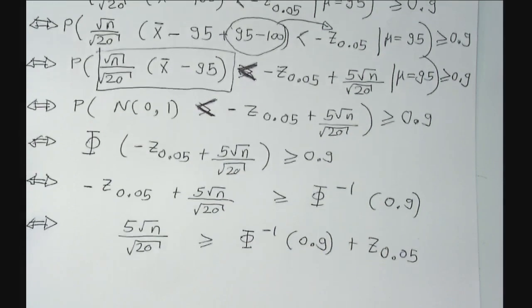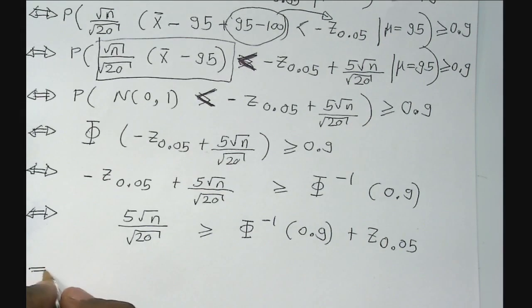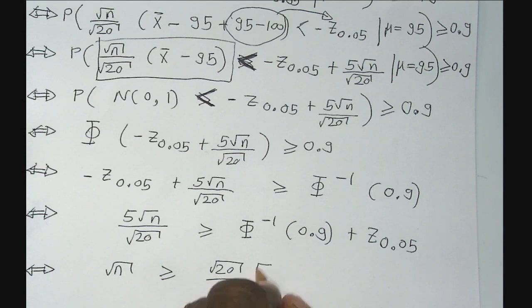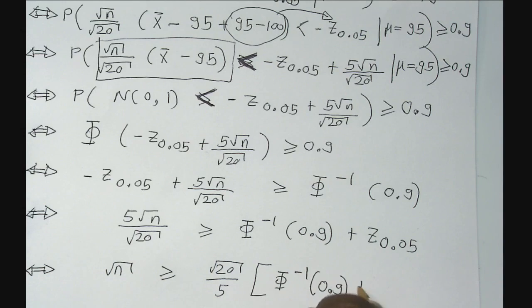So this becomes this. Then root of n becomes greater than root of 20 divided by 5 times the quantile.